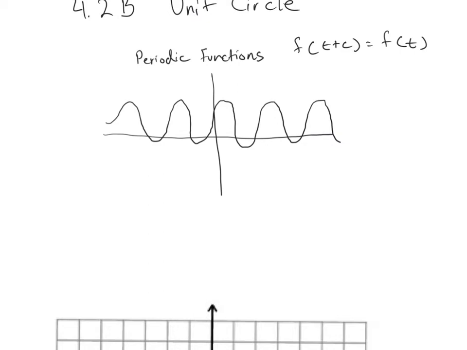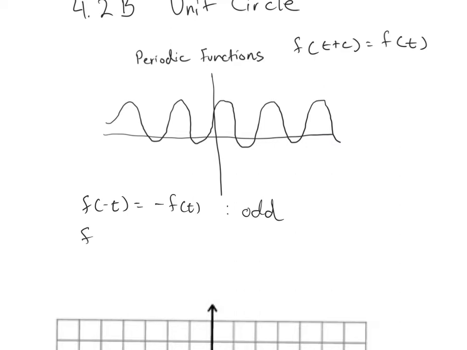Also, another little reminder: if we put f of negative t into our function and somehow it comes out as negative f of t, a negative answer, this function is odd. A linear equation is odd.